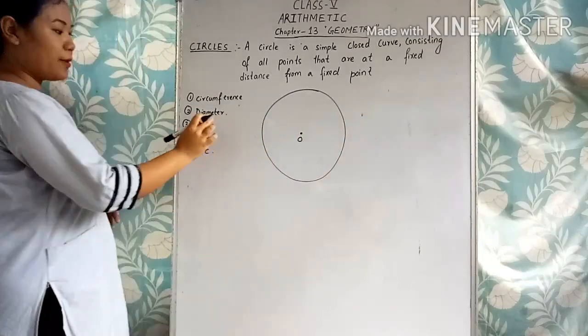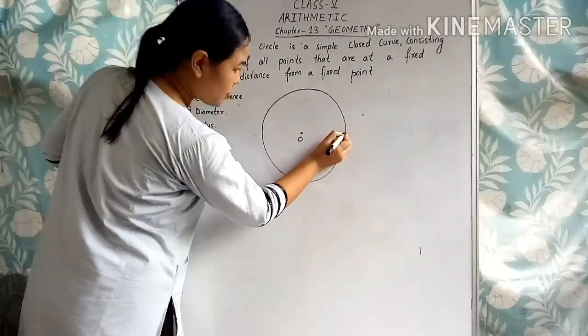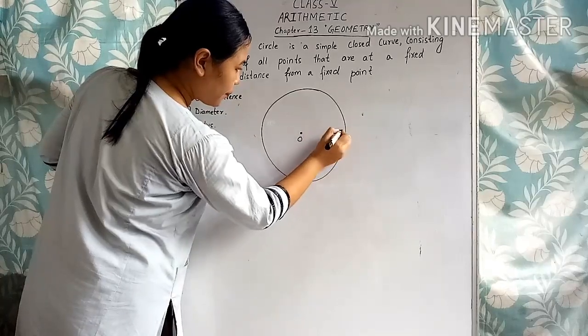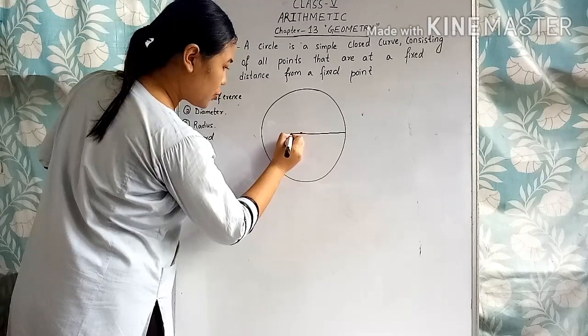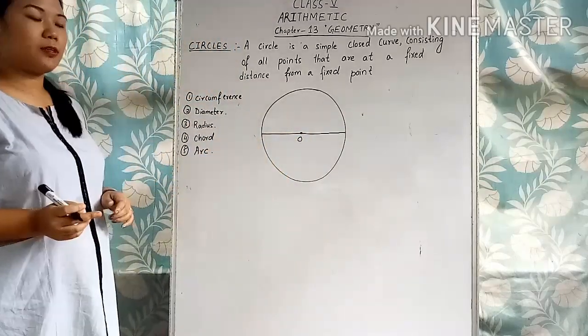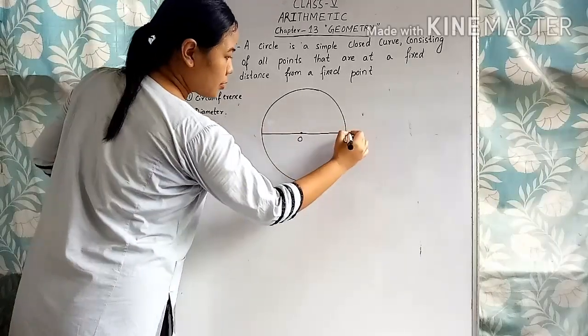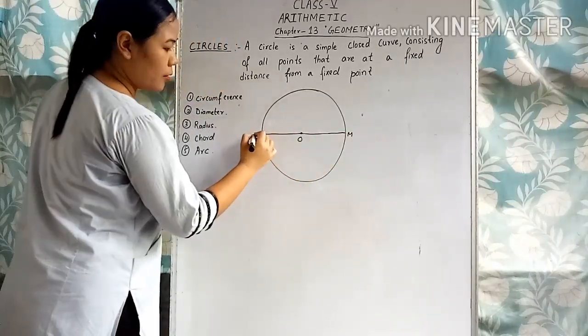Clear? Now diameter. What is diameter? Now diameter is the distance from one point of the circle through the center to the other point of the circle. Clear? So let us name this as MN.